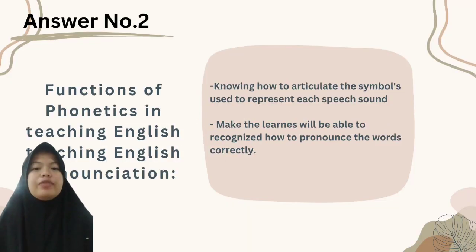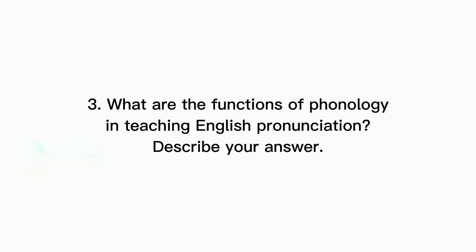Number 2 is the function of phonetics in teaching English pronunciation. That is, knowing how to articulate the symbols used to represent each speech sound, and it makes the learners able to recognize how to pronounce the word correctly.